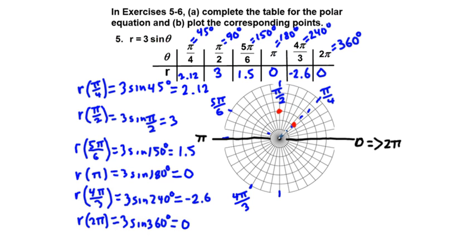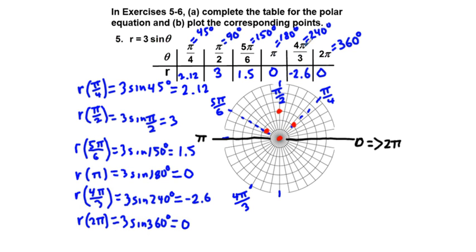Our third point at 5 pi over 6, we go over here to this dashed line I'm drawing, and we go to 1.5. So that's going to be 1.5 right here. Next point is at pi, we have a radius of 0. So that's going to be right here at the origin.